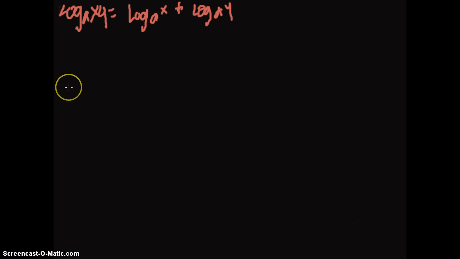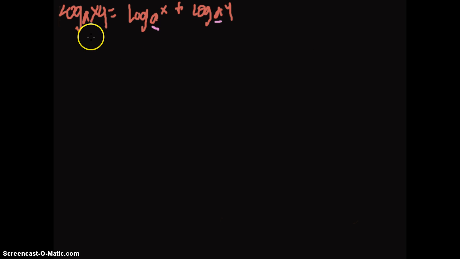This property, explained, reads out: the log of a product can be expanded to a sum of two logs that have the same base. So if you notice, you need the same base before you can expand it.